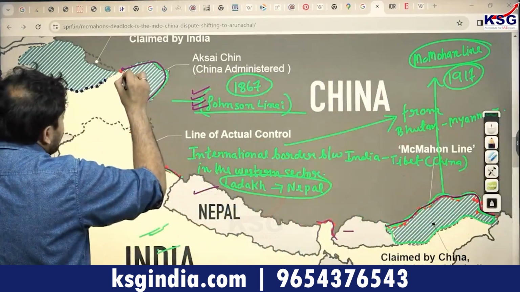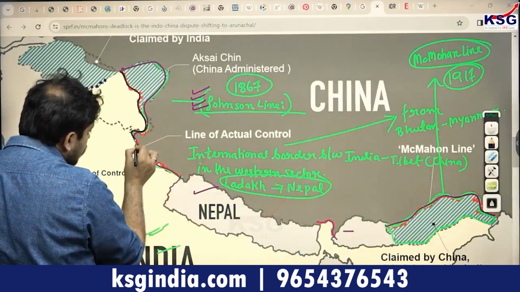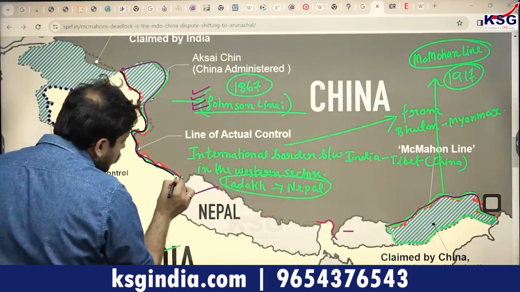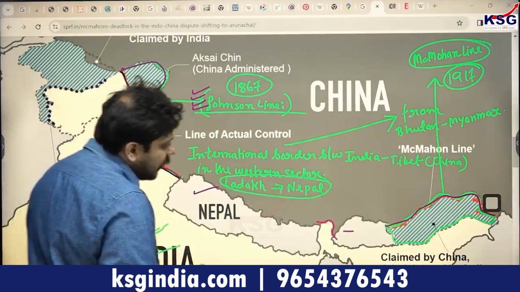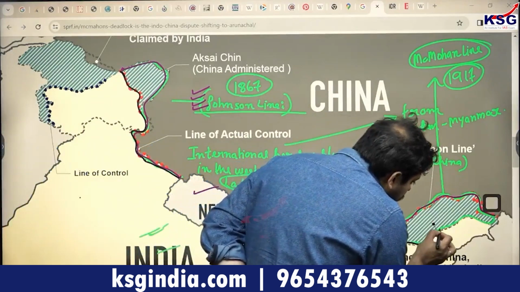China says that these areas which were taken from the Tibetans are supposed to be given back by India, and China gives an alternate idea of what it called the line of actual control.